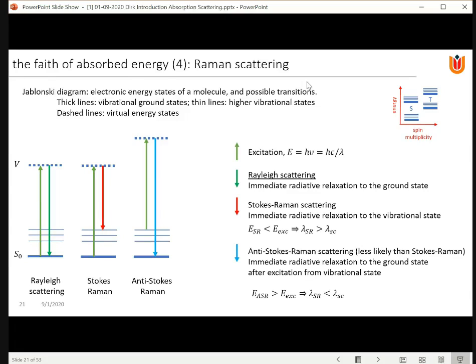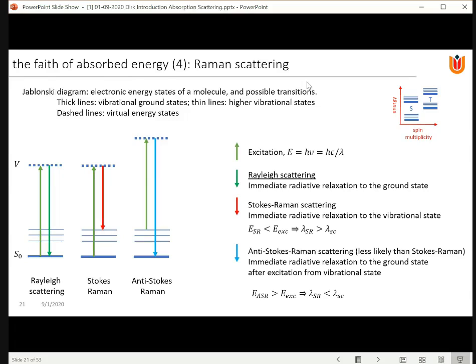In this case, it is not emitted to the ground state, but to one of the higher vibrational states. So the energy of the photon is slightly less, and the wavelength is therefore slightly longer than the excitation photon.